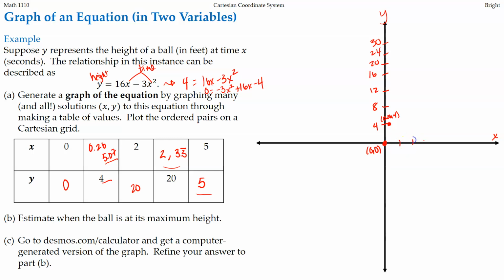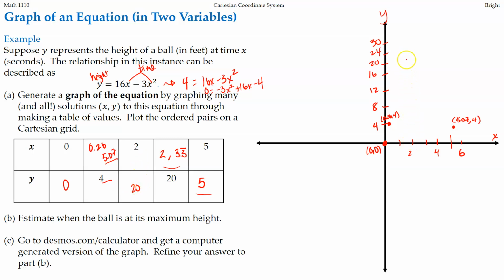So 1, 2, 3, 4, 5, and I'm going to include just some markers on here so that I know where I'm at. I'll label every 2. Then I'm at 5.07 comma 4.